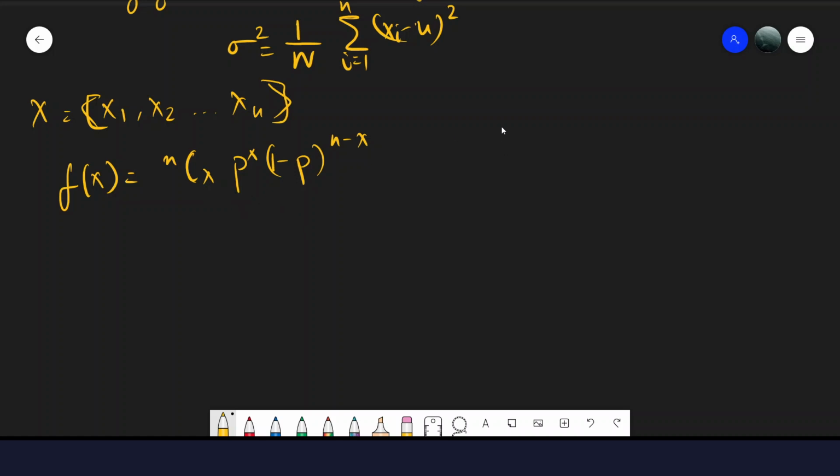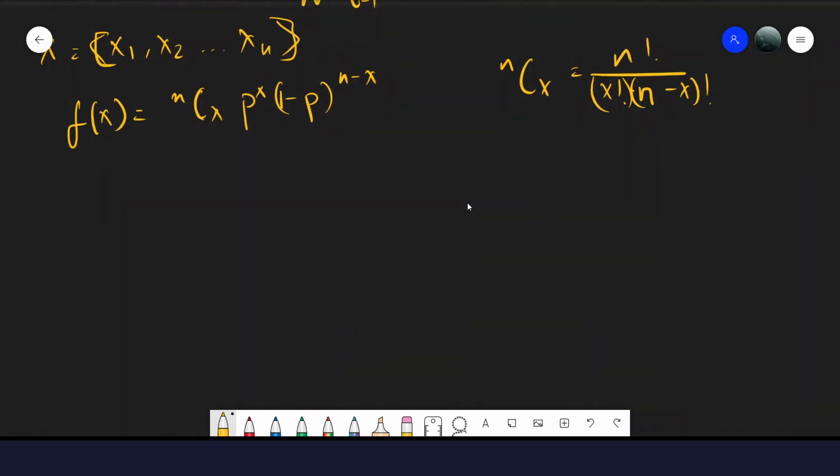And nCx is given by n factorial upon x factorial into n minus x factorial. That's what nCx means. Now, since this is my likelihood function, I'm going to do the same thing again. I'm going to take f of x1, x2 all the way to xn.